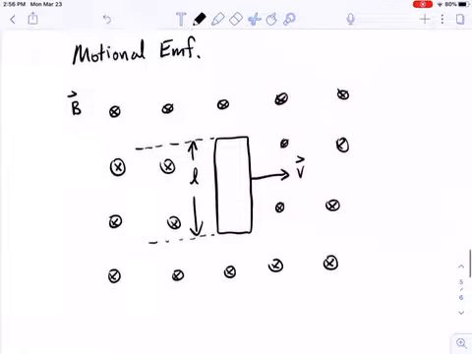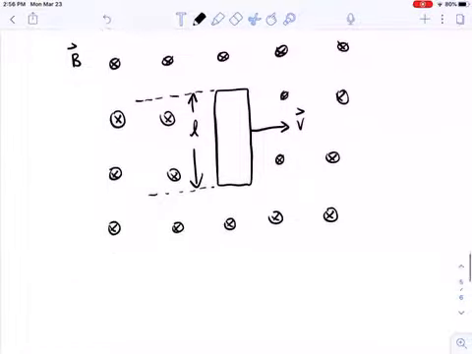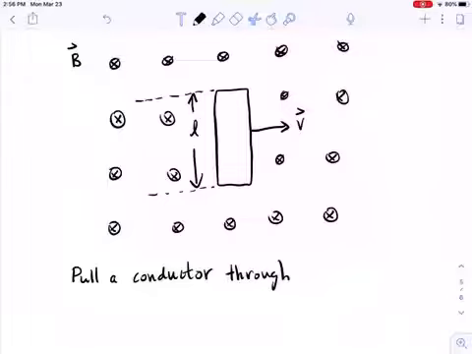Okay, so we want to analyze this scenario. In words, what we're going to do is pull a conductor through a uniform magnetic field.